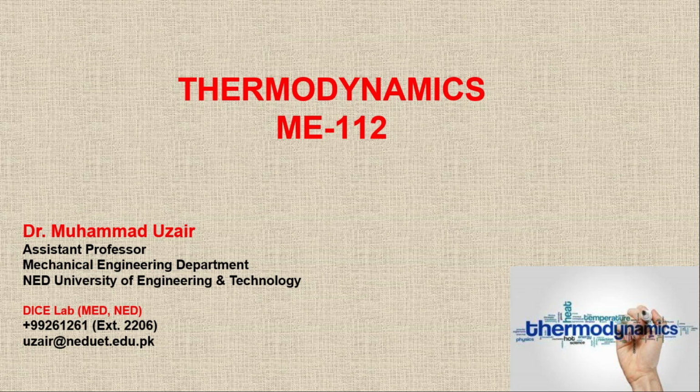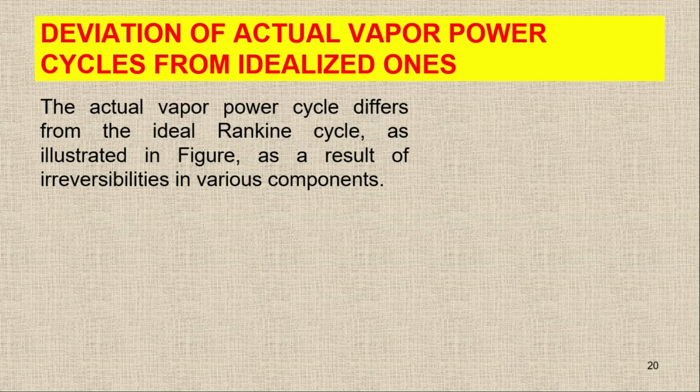Now moving to the next subtitle, here we are going to discuss the deviation of the actual vapor power cycle from the idealized one. If you remember, in the last class, we discussed the ideal Rankine cycle, and in the ideal Rankine cycle, we had four processes.